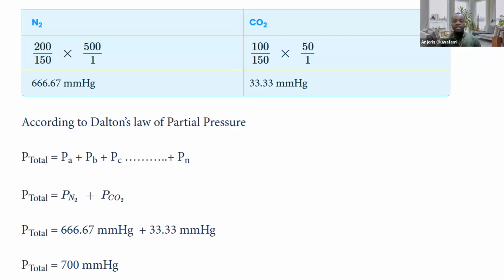We have calculated that to be 666.67 for nitrogen and 33.33 millimeter mercury for CO2. So when you add them together, you end up having a total pressure of 700 millimeter mercury. So that is basically what partial pressure is all about.